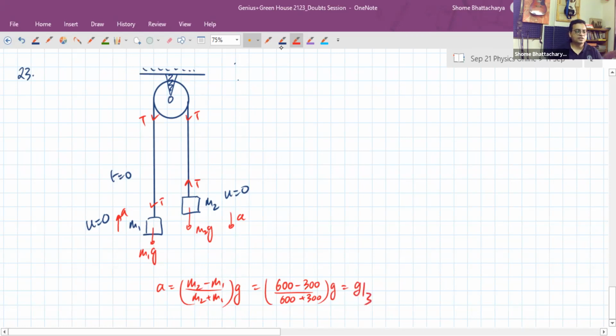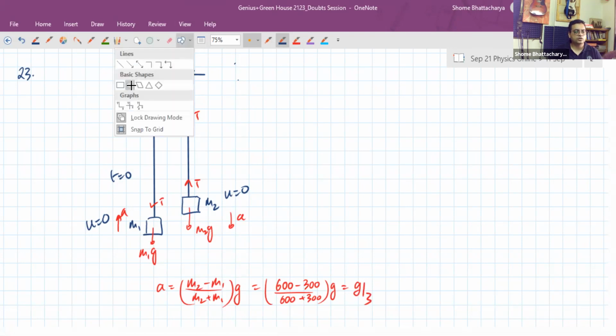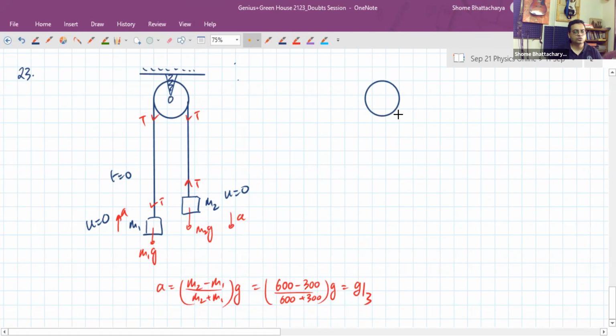Now let us see what is happening at the moment just before I stop this block, at t equal to 2 seconds almost, when I'm just about to stop the heavier block. At that point of time, the system still has that acceleration, but in addition it's also got some displacements and velocities.